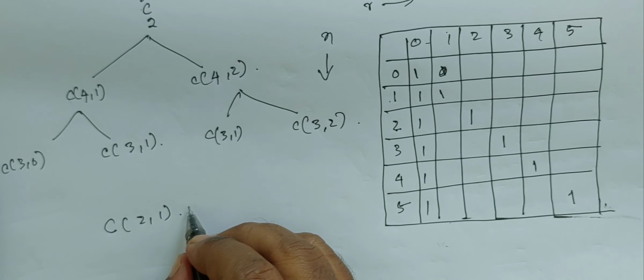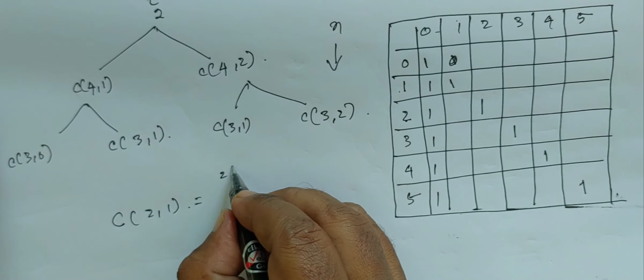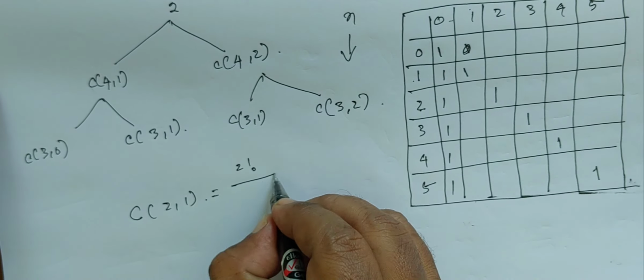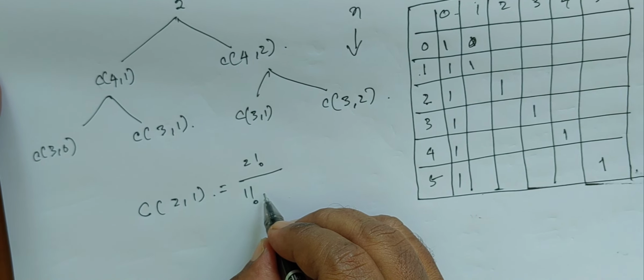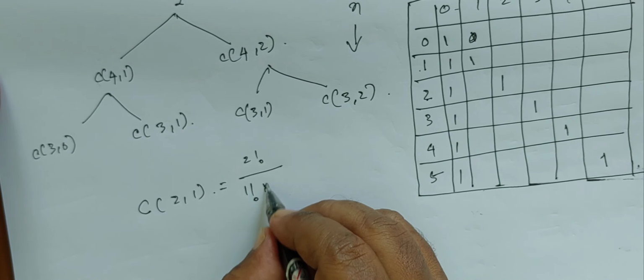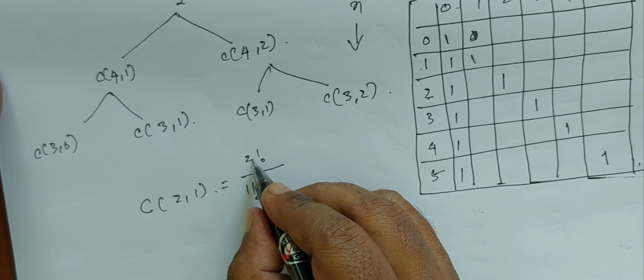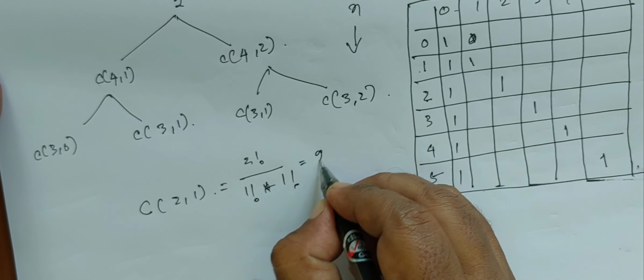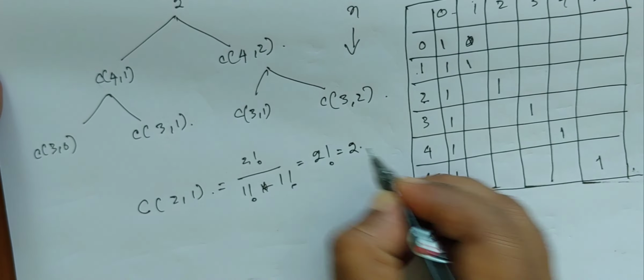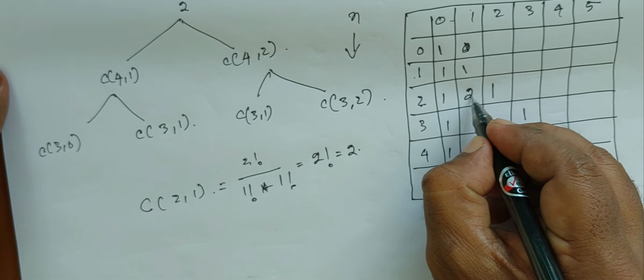So my formula is telling that it will be 2 factorial divided by 1 factorial into (n minus r) factorial, that is again 1 factorial. So that will be 2 factorial, that is 2.